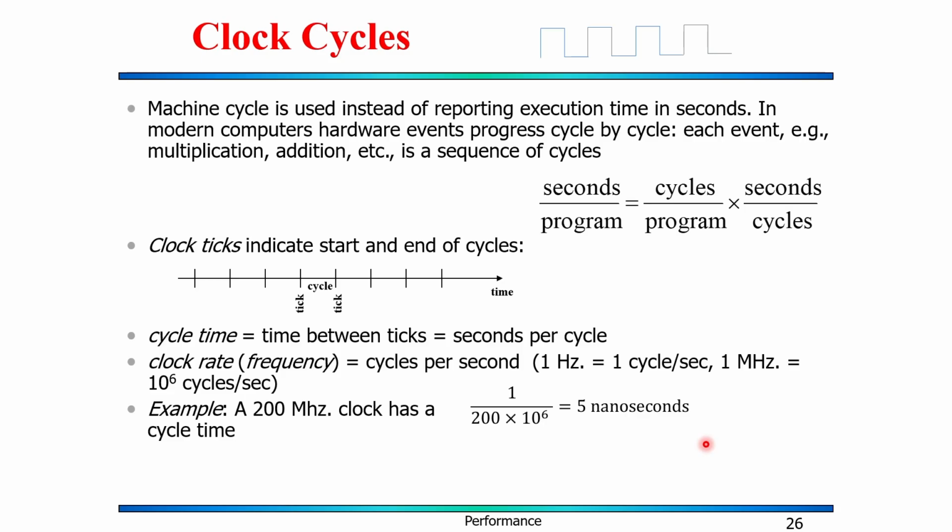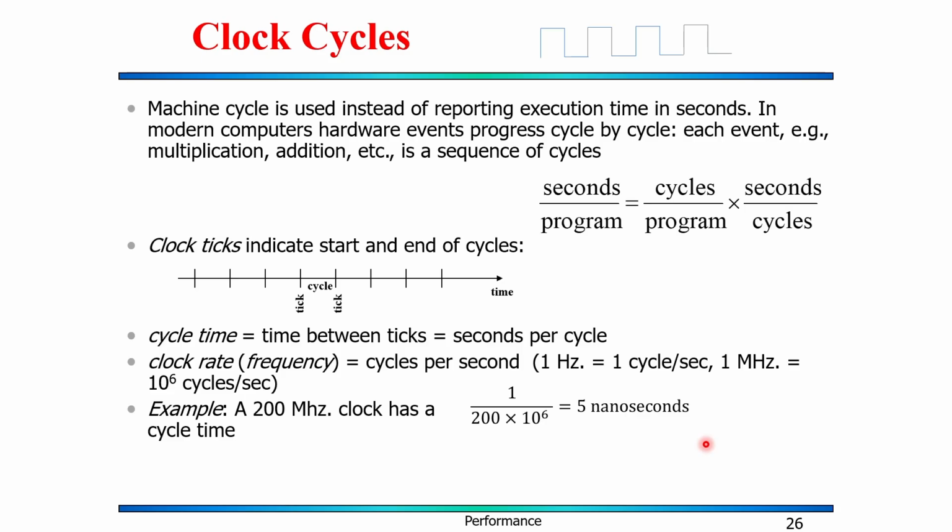So when we see a processor advertised as 3.5 gigahertz, that means it can execute 3.5 billion cycles per second. Each cycle is incredibly fast, lasting only a fraction of a nanosecond. Now you can imagine the speed of the execution inside the CPU.